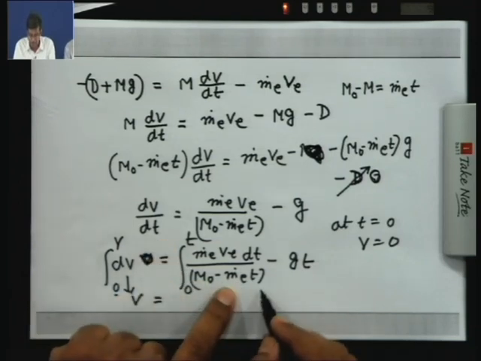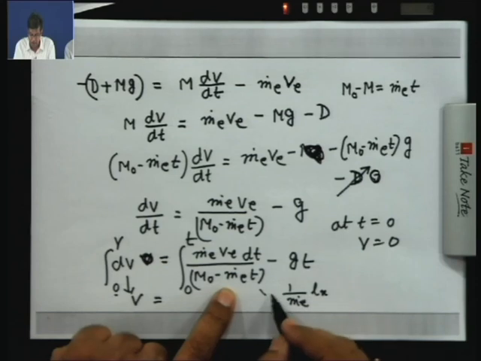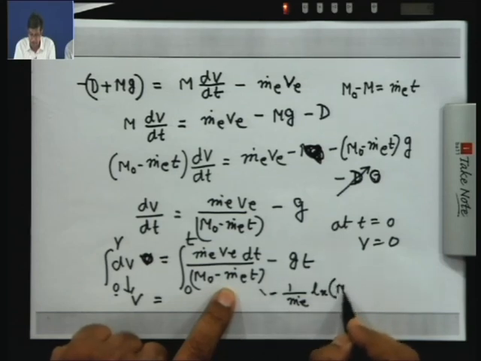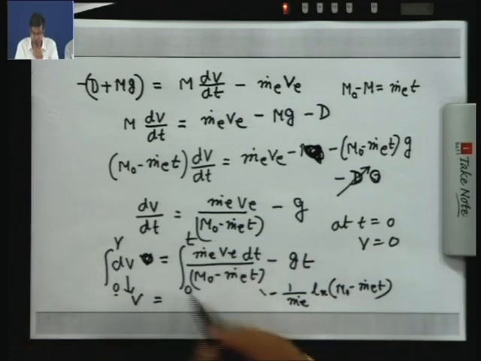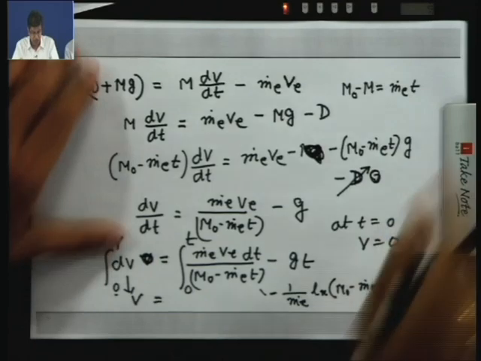That means it will be 1 upon m dot, this integral simply d ln of m0 minus m dot dt. If you make this integration and put the limit, ultimately you get an expression, and that is the final expression.